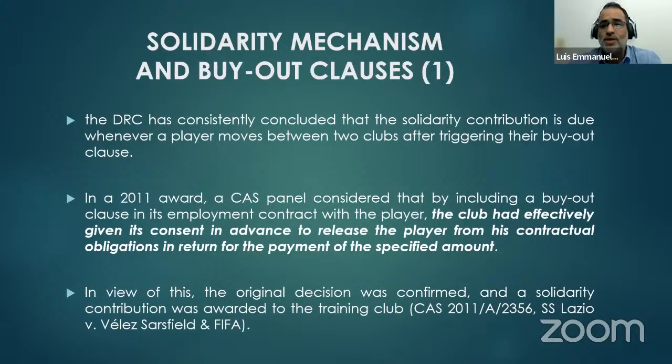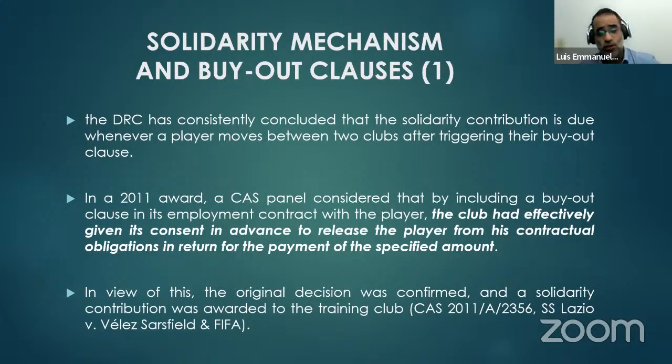So now let's talk a little bit about buyout clauses in the context of the solidarity mechanism. To that end, we have also chosen another CAS award, identified as 2011-8-2356, that is SS Lazio versus Vélez Sarsfield and FIFA. But before that, the DRC has consistently concluded that the solidarity contribution is due whenever a player moves between two clubs after triggering the buyout clause.